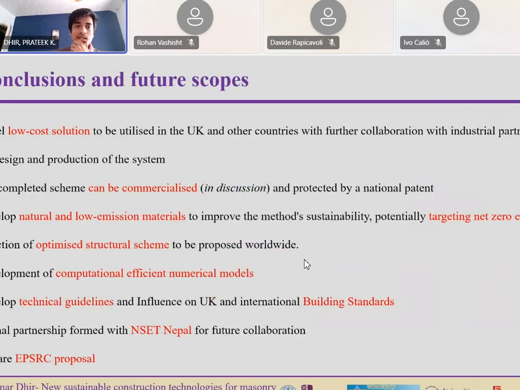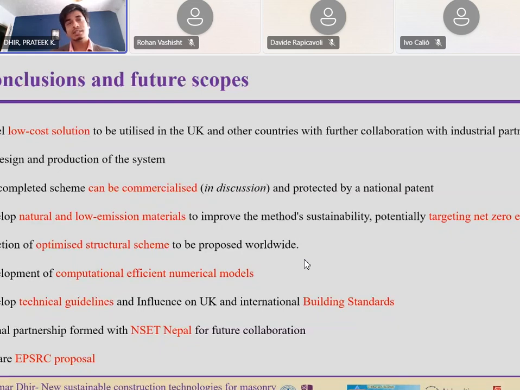Towards the conclusion, definitely we're trying to develop some low-cost solution that can be applicable in developing countries as well as developed countries. We are trying to get a good balance for the optimal mixing of the fiber in the lime so that we can commercialize it.